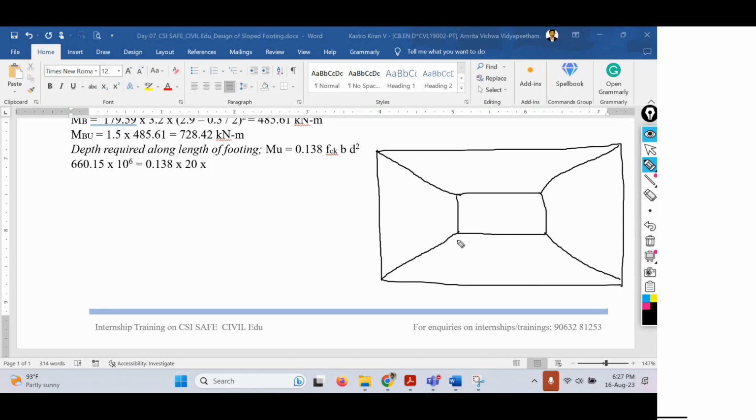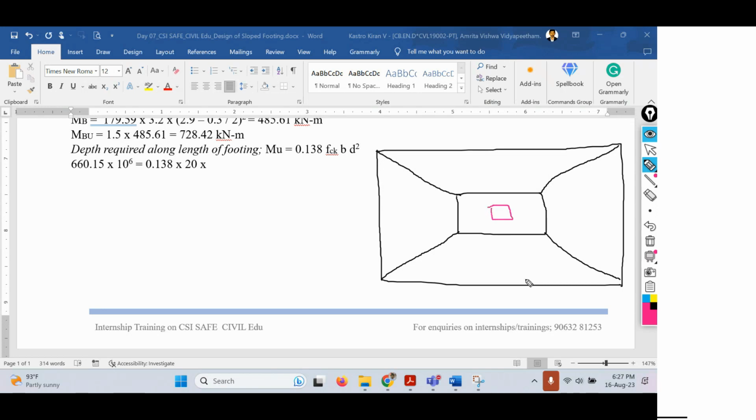I hope you are getting the diagram. Now here we have the column portion.